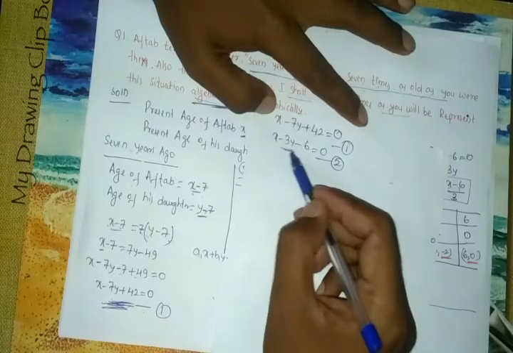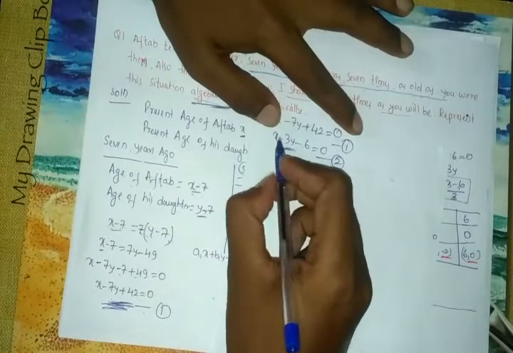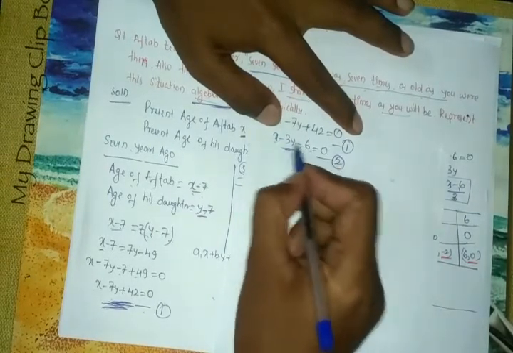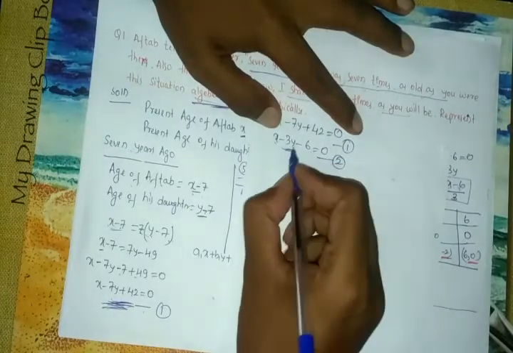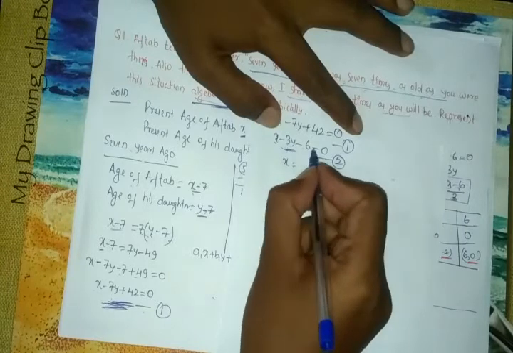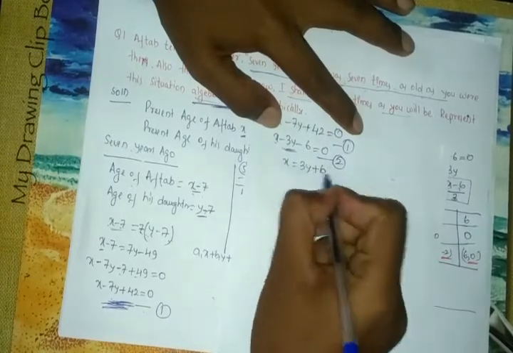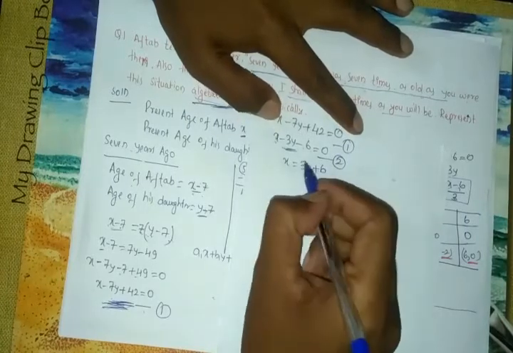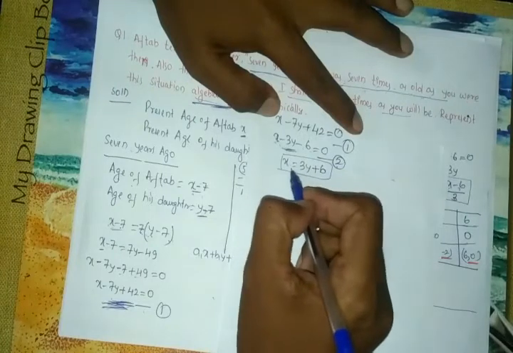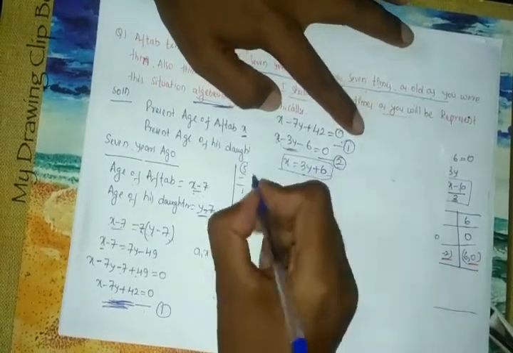I am finding this simple one. So now I will try to get an expression for x in terms of y. So x is equals to, when I send both on RHS, 3y plus 6. Remember I have used equation 2 and I have got x equals to 3y plus 6. This I have to put in equation 1, not in equation 2.